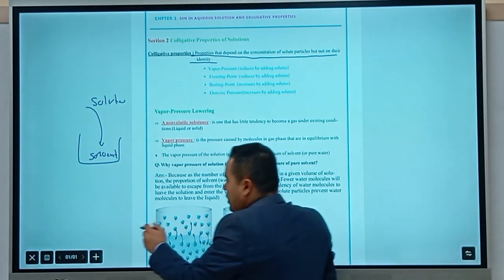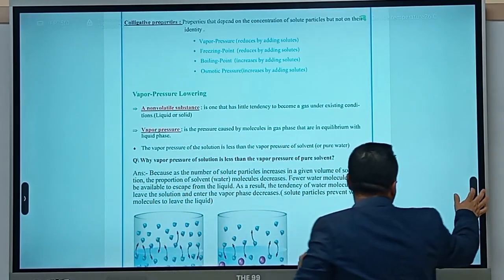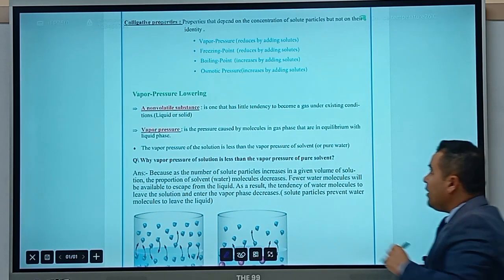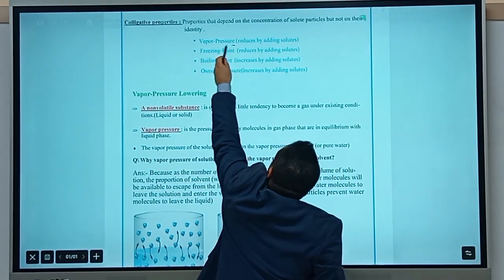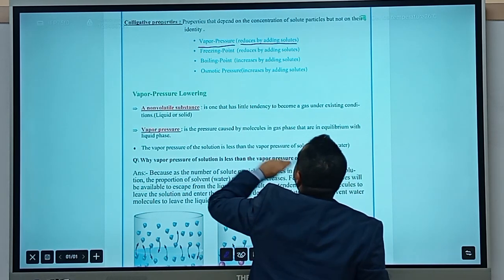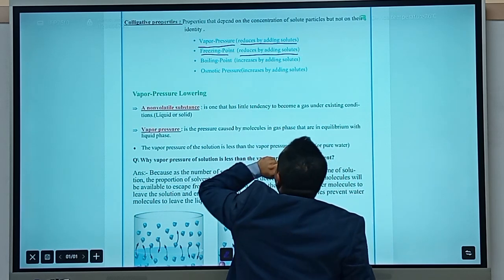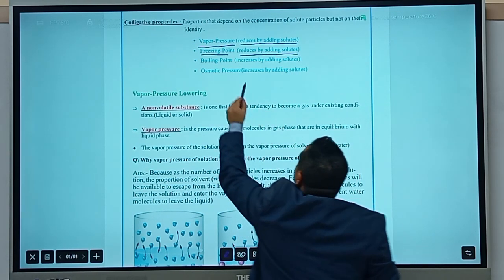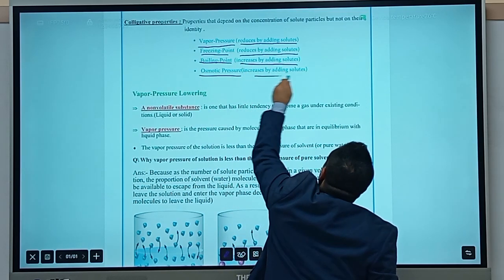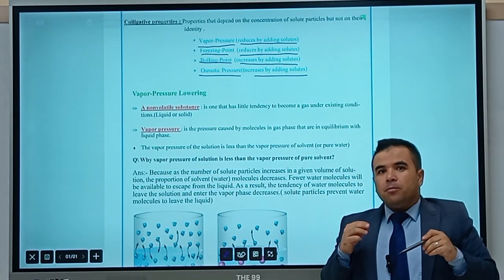Our curriculum talks about the four colligative properties, guys. The vapor pressure, which reduces by adding solutes. Freezing point reduces as well by adding the solutes. Boiling point and osmotic pressure increase by adding solutes. So we have four colligative properties.